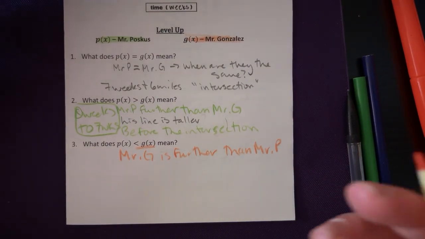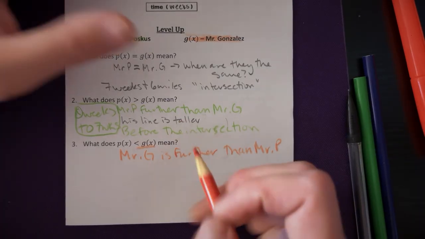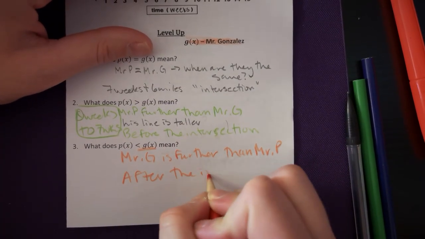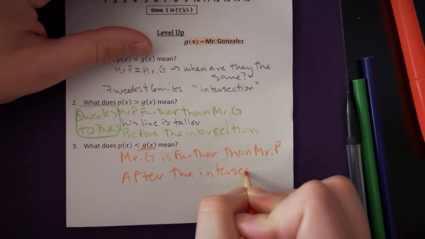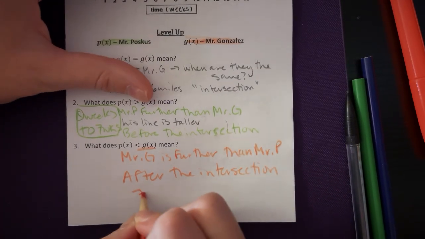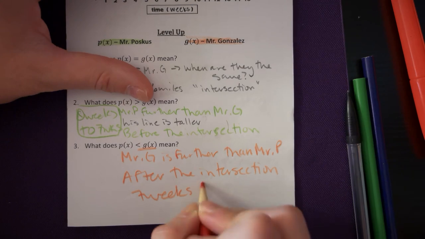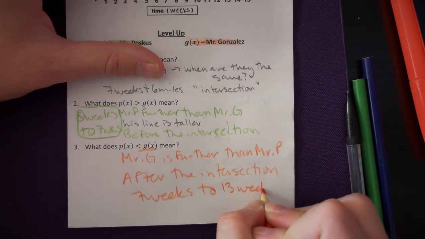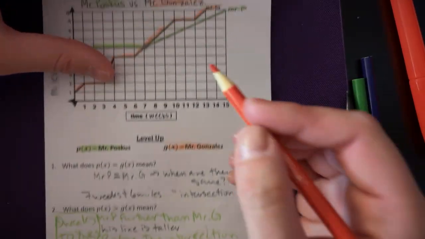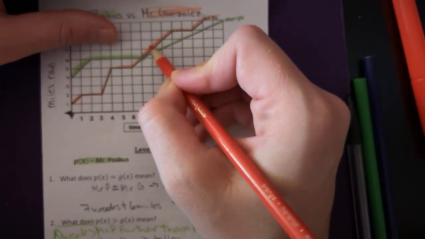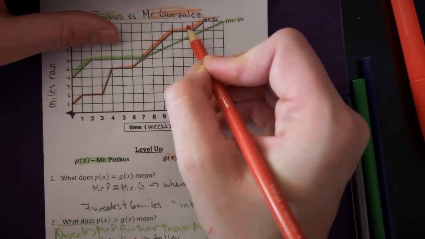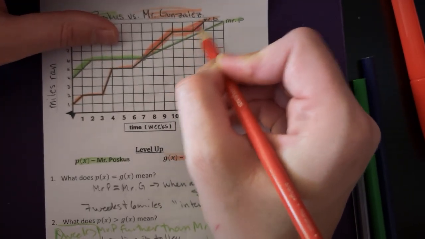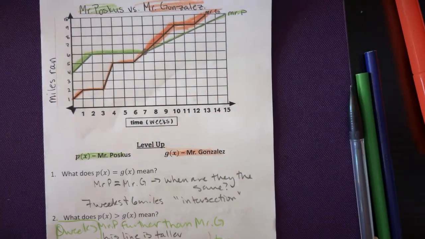So on our graph, once again, it's when his line is taller, and this happened after the intersection, which was from 7 weeks to, in this case, 13 weeks, because Mr. Gonzalez was able to reach that 10-mile mark before Mr. Poskis. All right, so Mr. Gonzalez was winning at the end there.